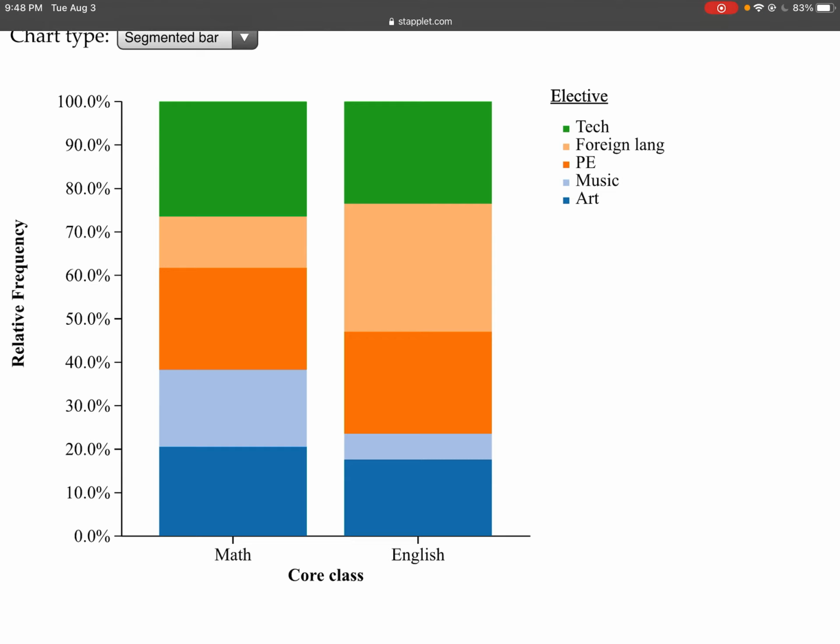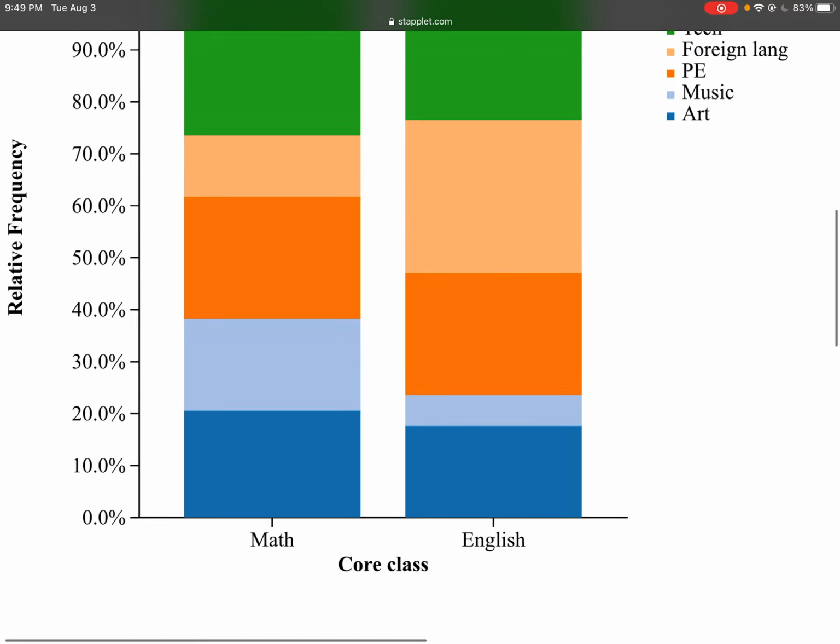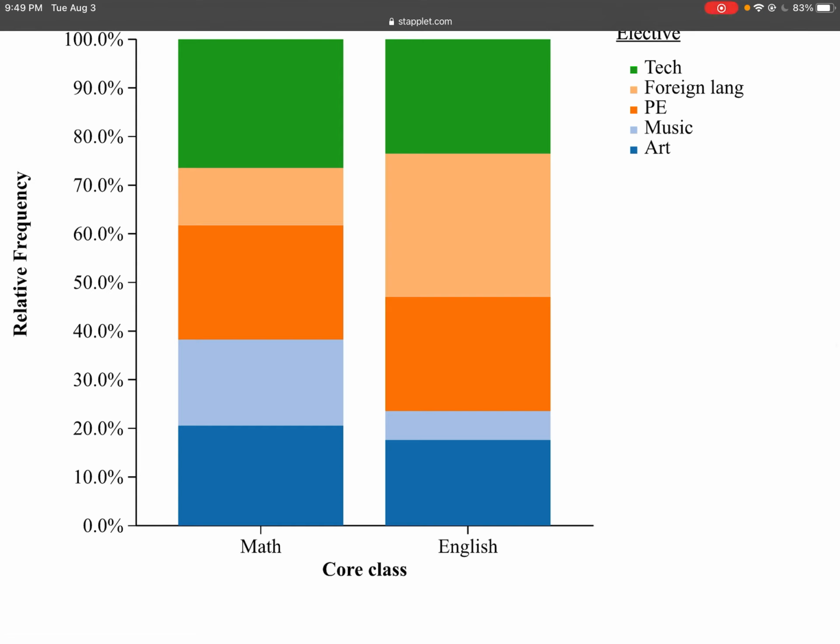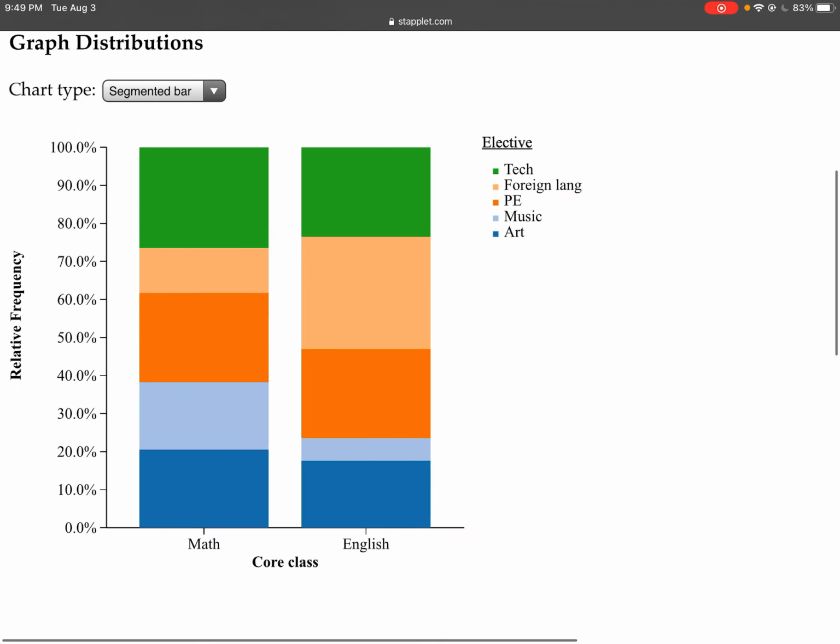And then there's another noticeable difference if you look at the light blue segments. We can say that our math folks are more likely to prefer music, and English folks are less likely to prefer music. So those are two key differences we can spot just by comparing the sizes of the different colored segments here.